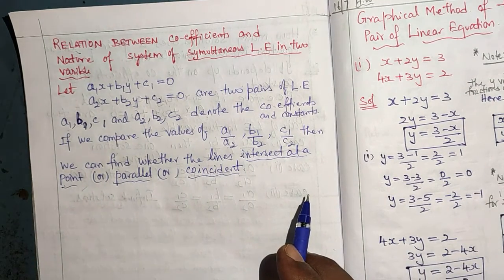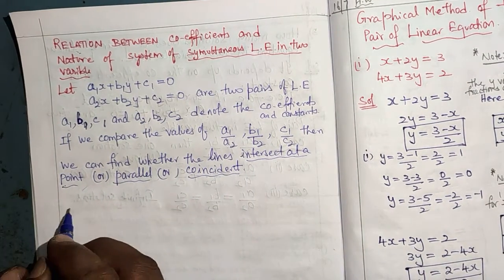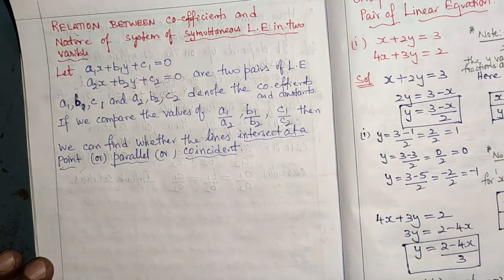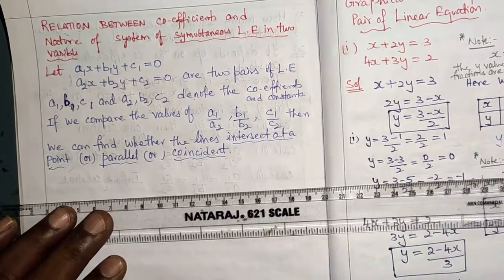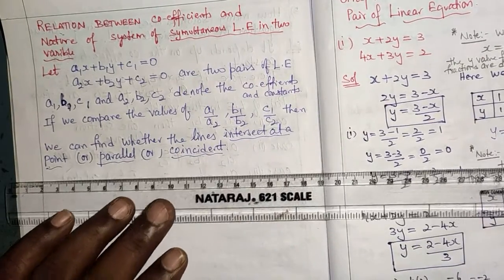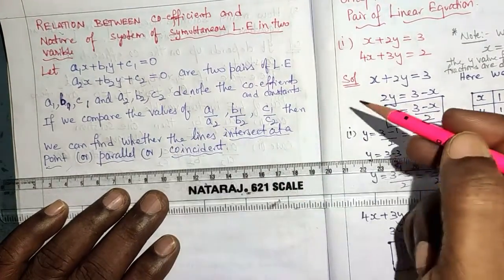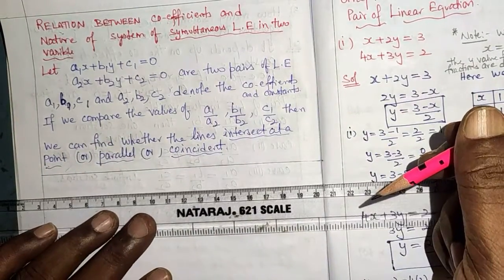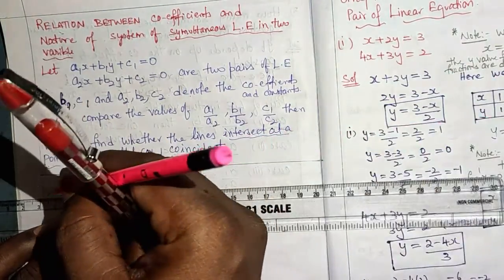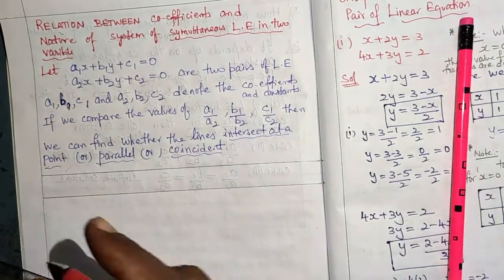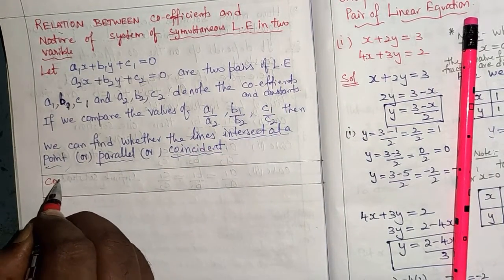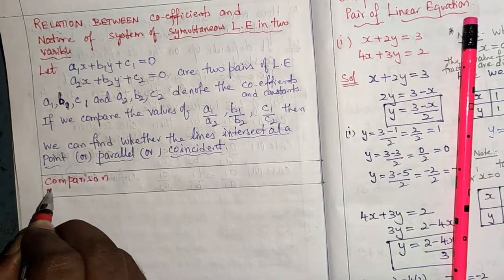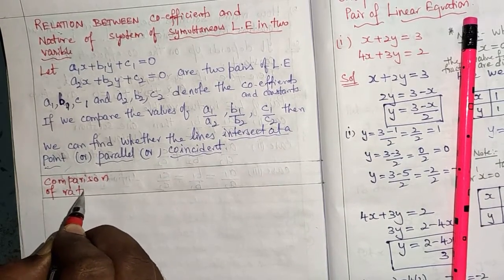So, comparing the ratios, I will write it here in table form. Let us write it in a table form for better understanding. Comparison of ratios.